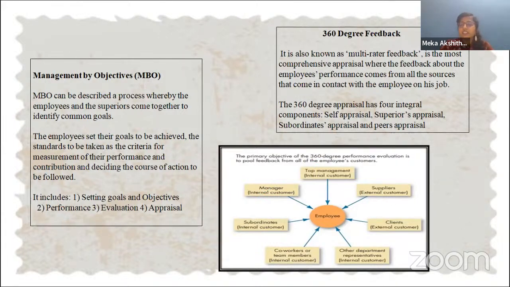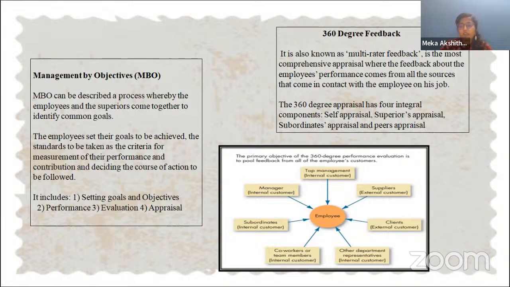Then comes 360-degree feedback. It is also known as multi-rater feedback, because we have multiple raters in this feedback process. Management would be taking feedback from all the people the employee communicates with or has close contact with.